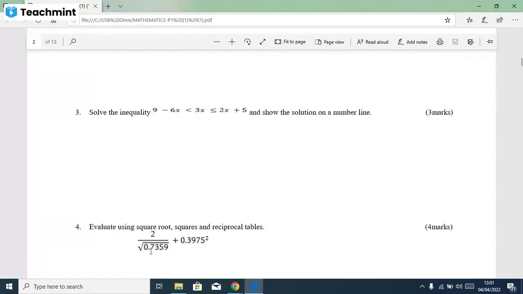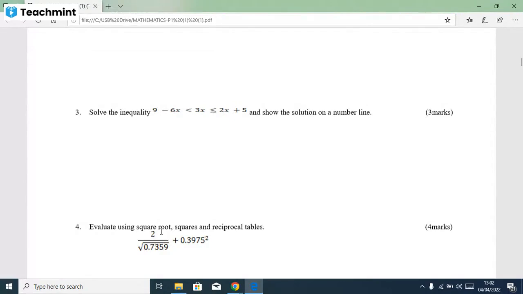After finding the reciprocal, you multiply by 2, not subtraction. Those are the steps. Find the square root of what is given there, find the reciprocal of the answer, then you multiply by the numerator.